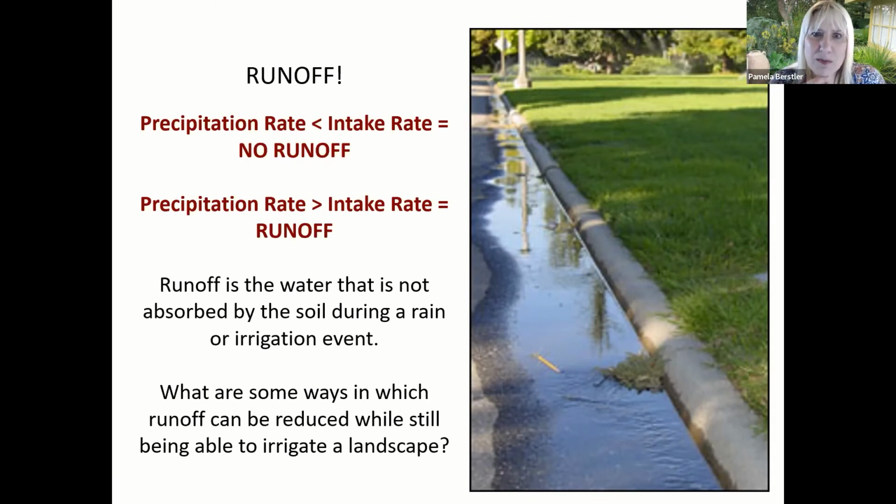This is probably particularly true in a clay soil scenario where you have a very, very low intake rate, and if you have spray, your precipitation rate is almost guaranteed to be higher than your intake rate. Oh, by the way, it's very easy to get a grid drip irrigation precipitation rate higher than the intake rate of soil, especially in clay. So watch out for that.